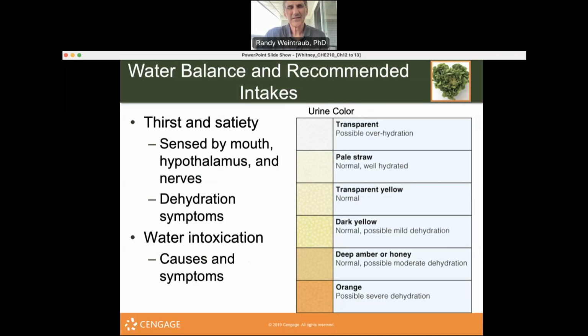Urine is another way to look at our water balance. See on the right there, approximate colors of urine, which are normal, whether we're overhydrated or dehydrated.